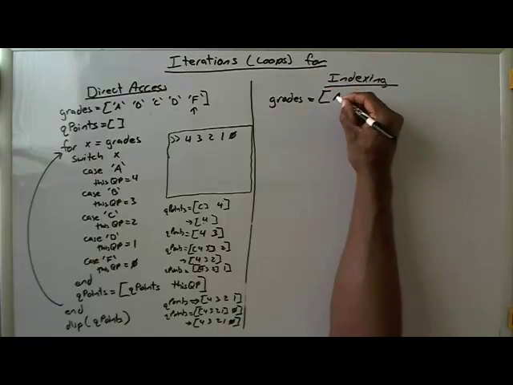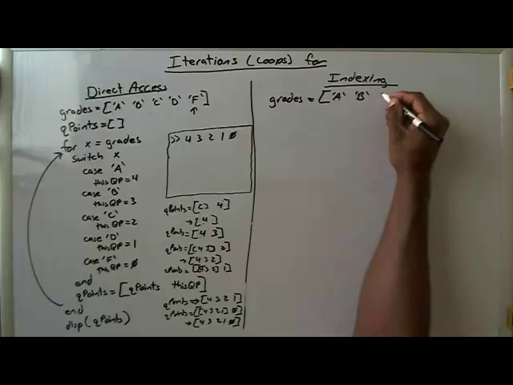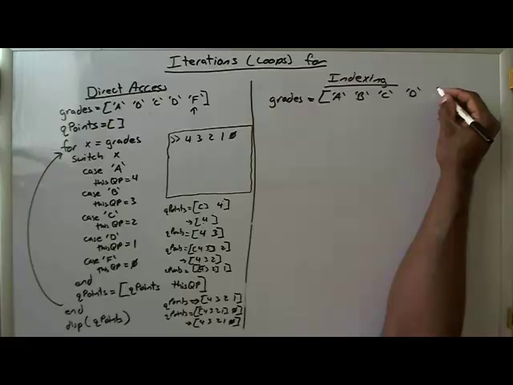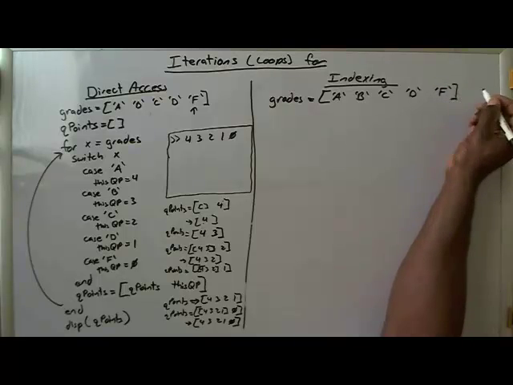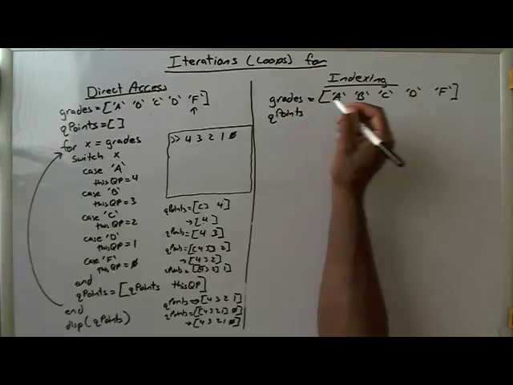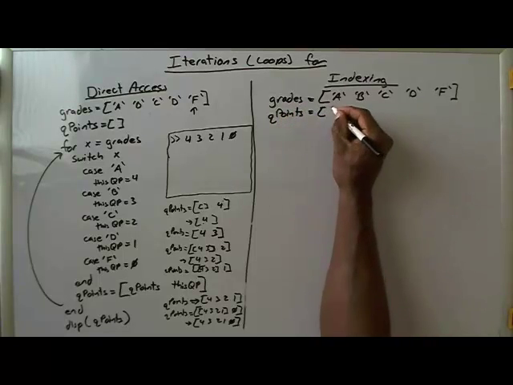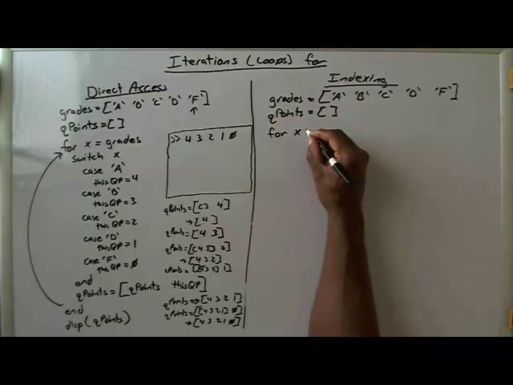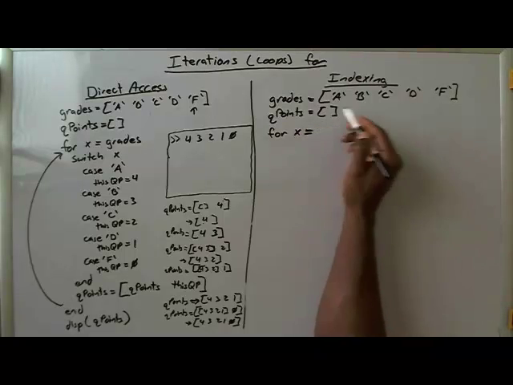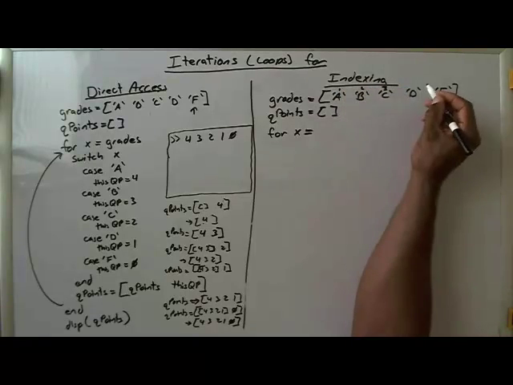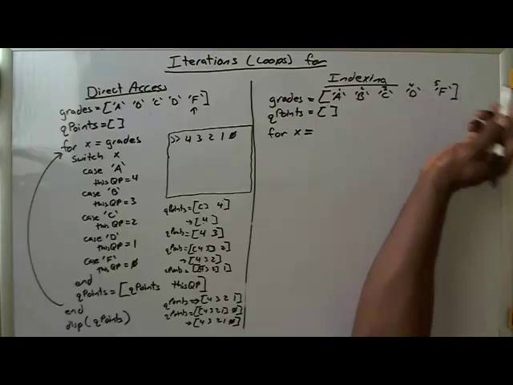In the indexing method, setup is the same. Q points is an empty vector. Now for X, because it's the indexing method, X is going to equal the indexes of this vector, which are 1, 2, 3, 4, and 5.